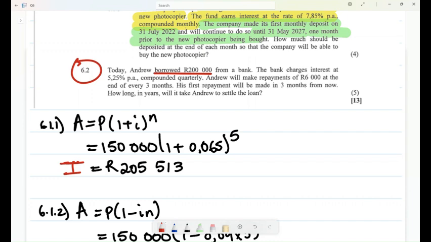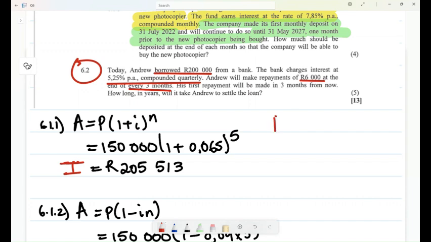The bank charges an interest of 5.25 per annum compounded quarterly. All right. So quarterly it is every 3 months. So Andrew will make repayments of 6,000 at the end of every 3 months. Very good. His first repayment will be made 3 months from now. Yes, 3 months from now.